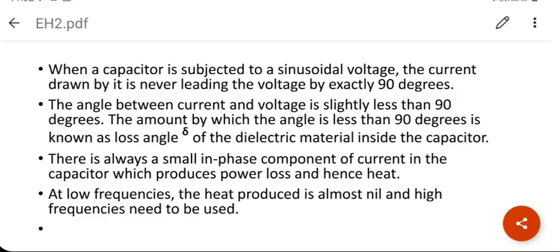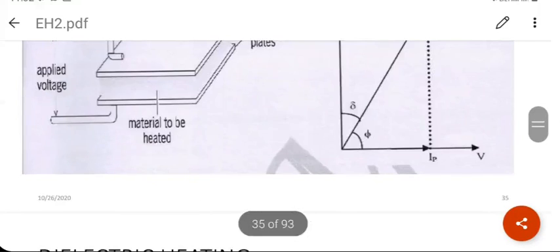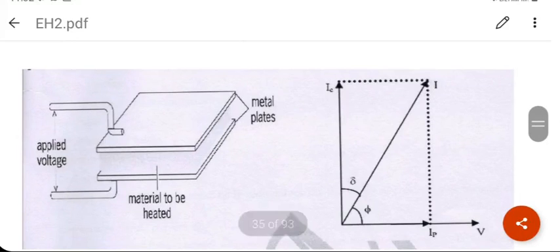For practical materials, delta can be 1 degree, 2 degree, 3 degree type of thing. So the power factor, which is cos phi, has an angle phi, which is 90 degree in a pure capacitor, which is slightly less than 90 degree in a practical imperfect capacitor or imperfect dielectric material. So delta and phi are related by this diagram because of that. Ideally, phi should be 90 and delta should be 0 if you have no losses in the material. But the more the losses, the more is the value of delta and the less is the value of phi.